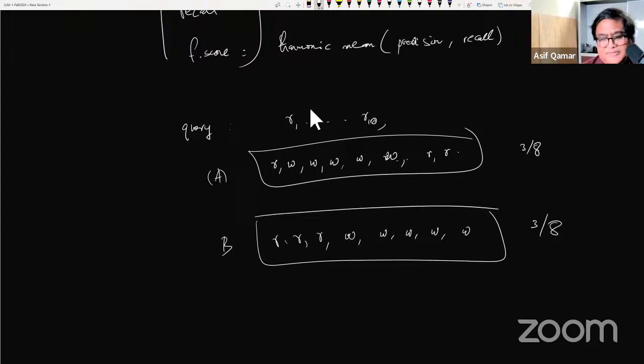But is there a difference between result set A and result set B? Which one would you prefer? Why? The right answers are ahead, right? Or in the language of MRR, it has a better MRR score.